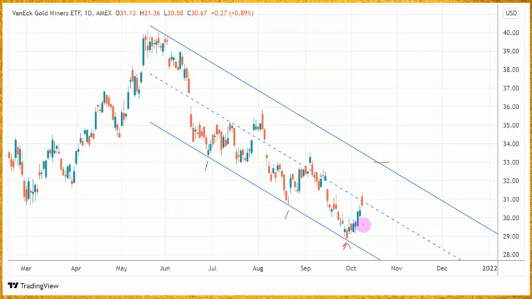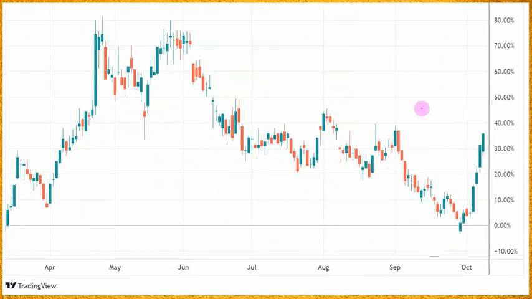Now, one of the interesting things, this bounce looks a little bit pathetic, doesn't it? But this is an aggregation of multiple senior gold miners, and when you look at the individual miners, you do get different results. This is just one that I'd been looking at, and you can see that in the past roughly 8 trading days, this has gone up almost 40%.